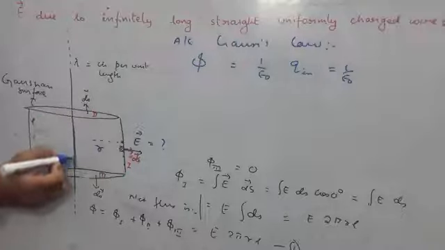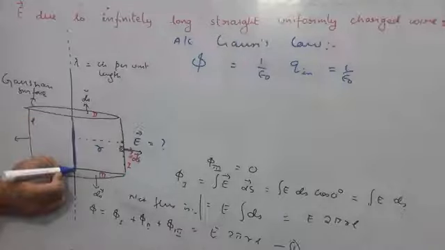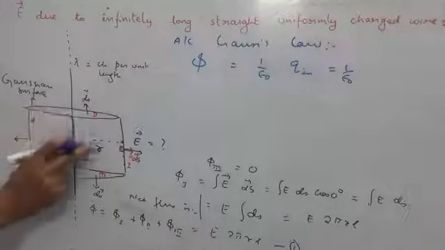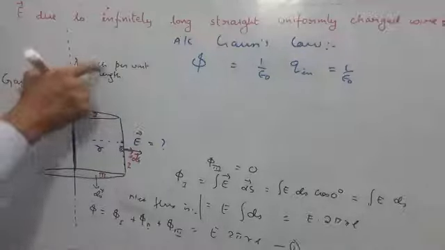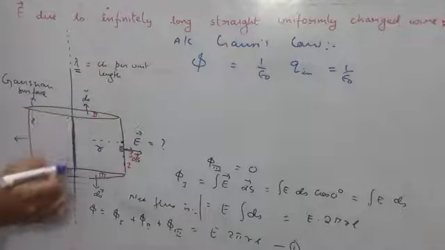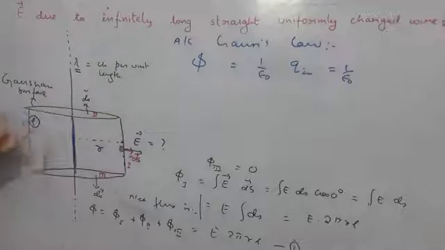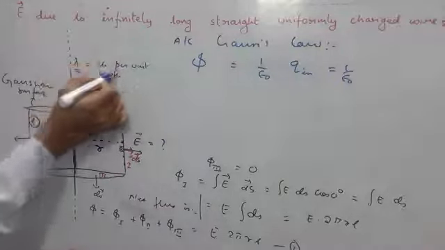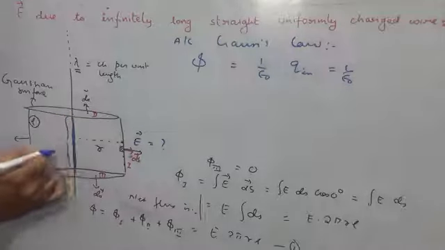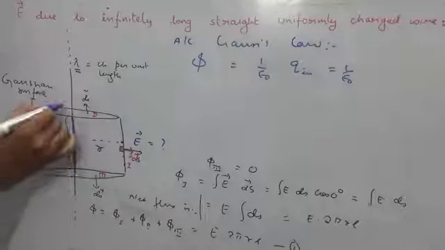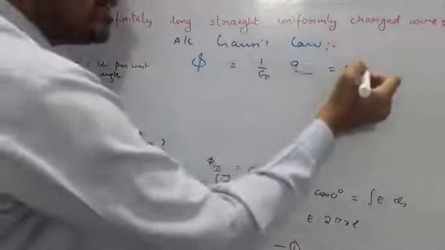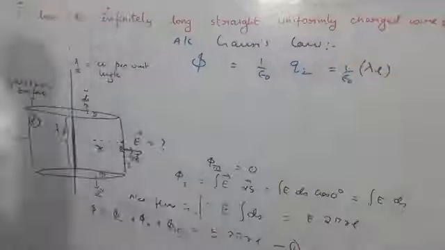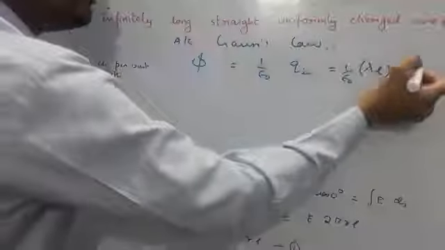Now how much will be this particular charge? Nowhere else there is some charge. Since lambda is the charge per unit length, and from here to here the length is L, this charge should be lambda multiplied by this length L. So instead of Q in, I will write lambda times L. So this I will write as equation number 2.